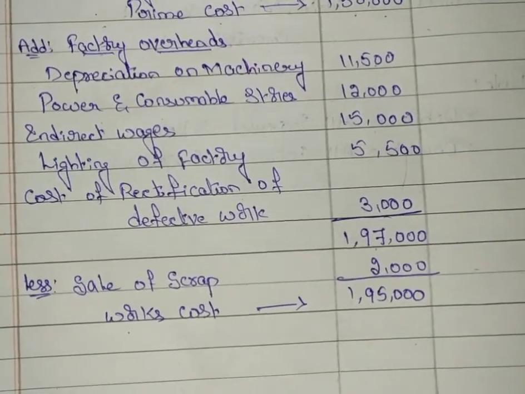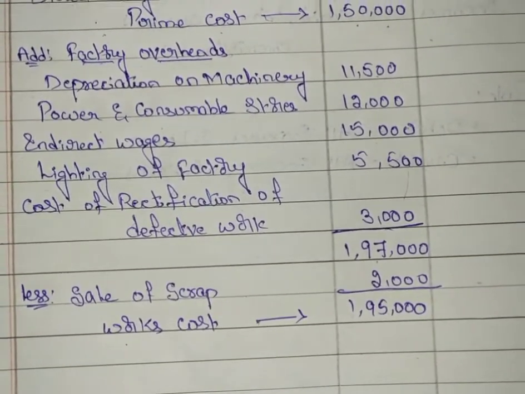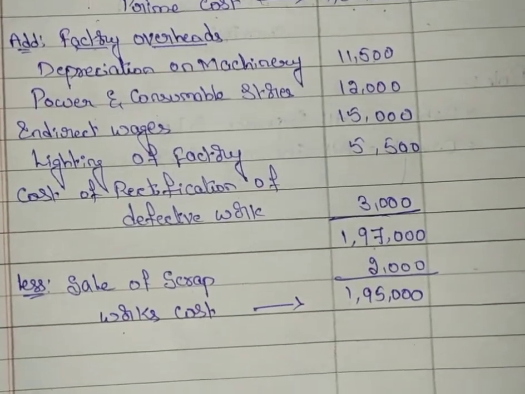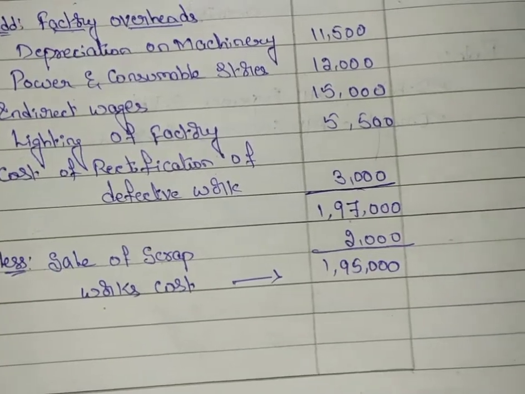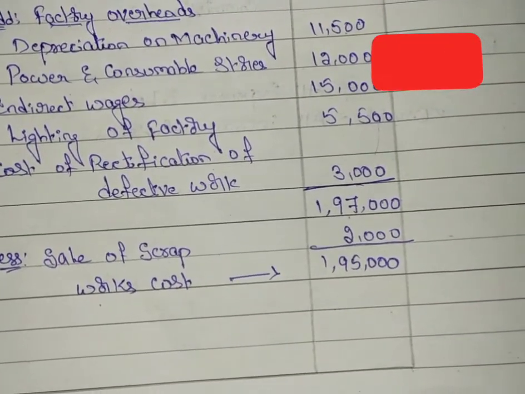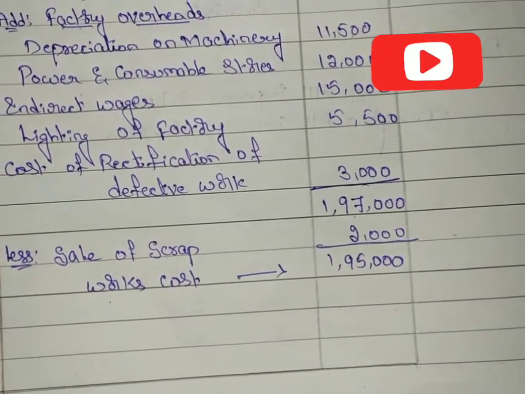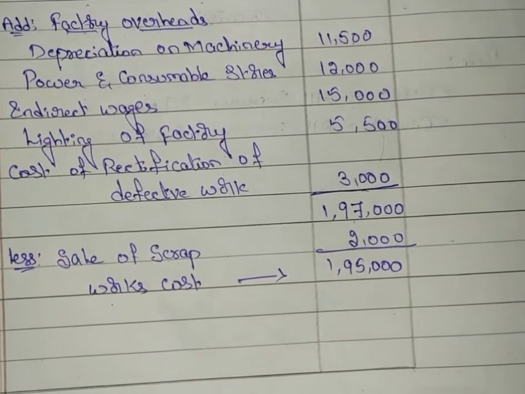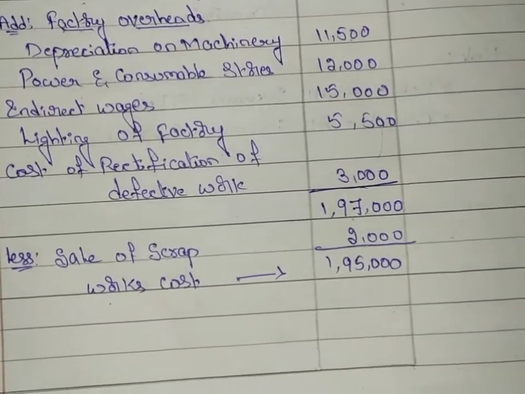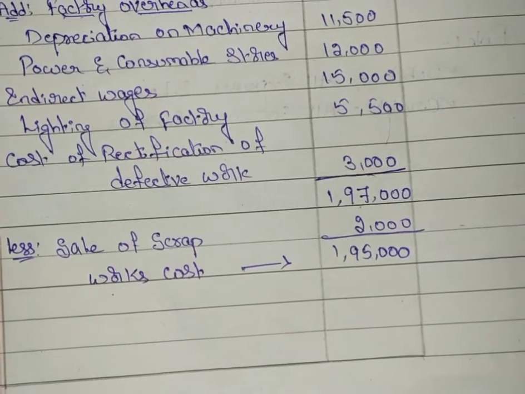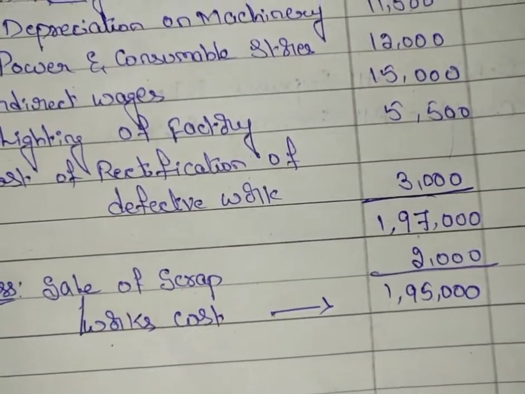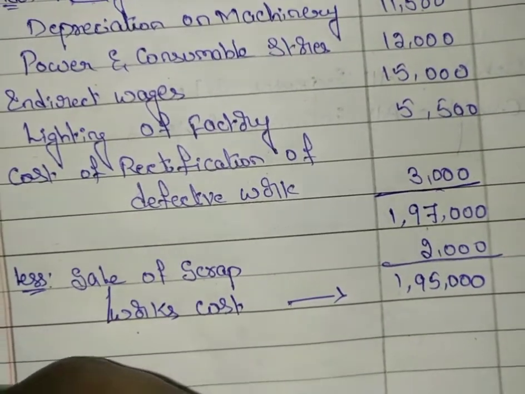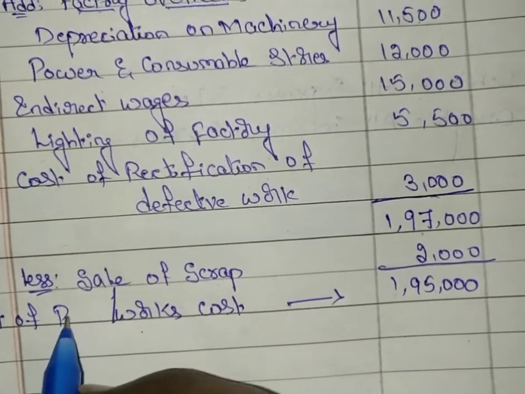Once you get works cost, in the format we have seen that after getting the works cost you have to adjust for finished goods, that is opening of finished goods and closing of finished goods, then you will get cost of production. But in this problem they have not given any information related to the finished goods, so directly this works cost can also be considered as cost of production.